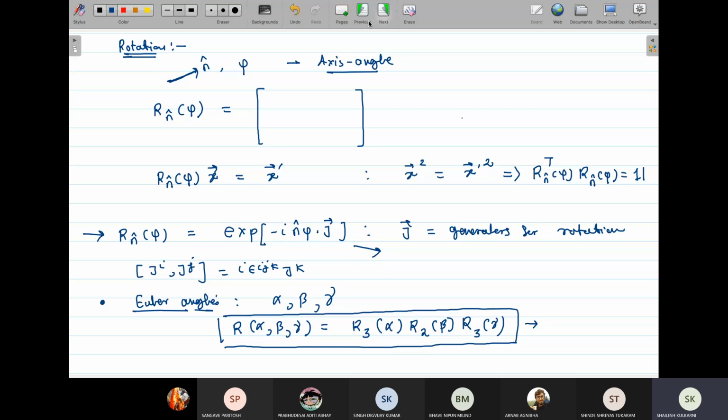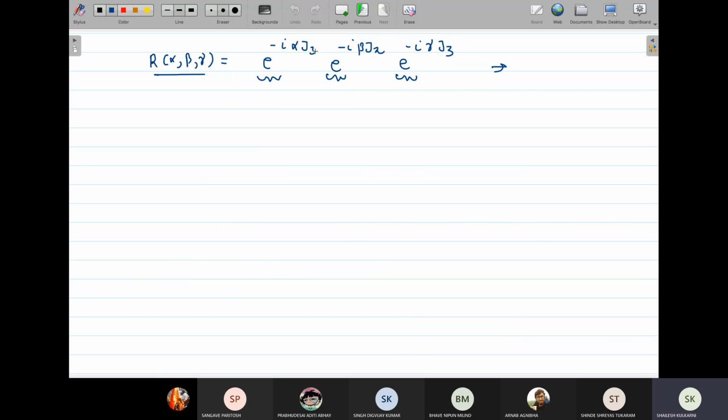Here J3 and J2 mean the rotation generator about the z-axis and the rotation generator about the y-axis. These allow us to know how any three-vector transforms.